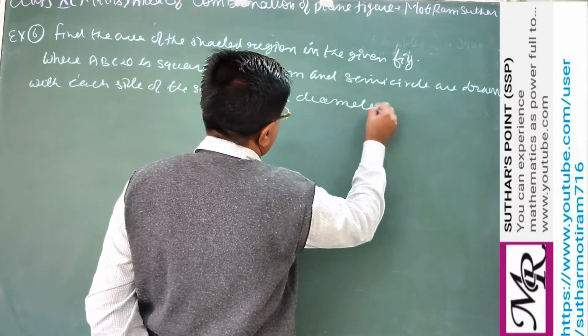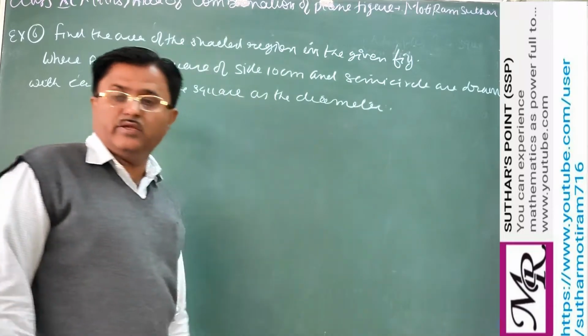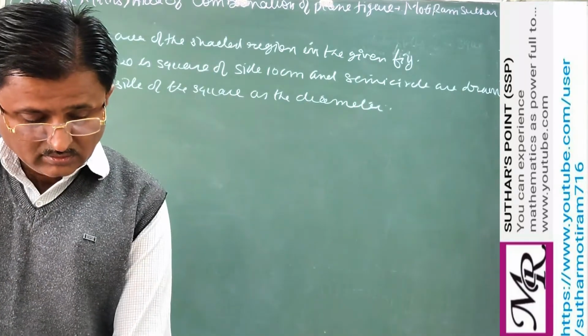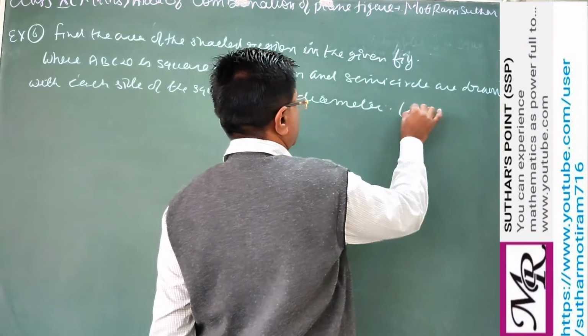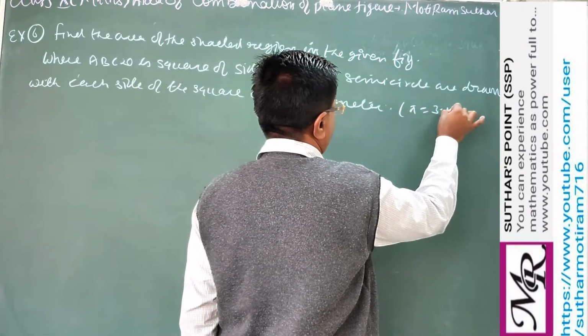So we can consider the side of the square as a diameter. Use pi equal to 3.14. This is already given; we have to use 3.14.